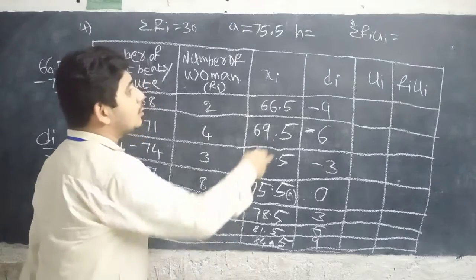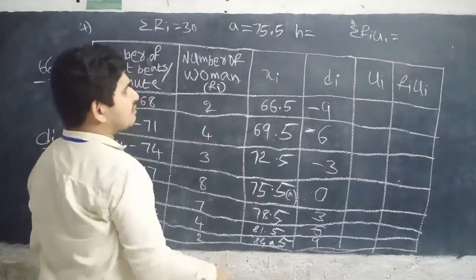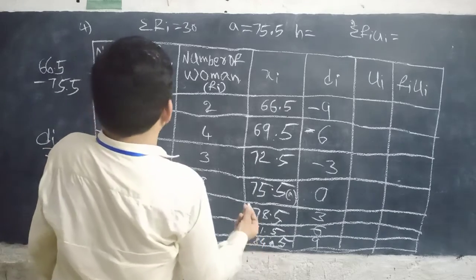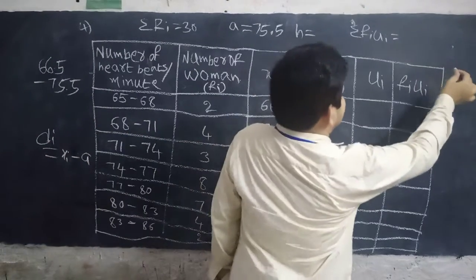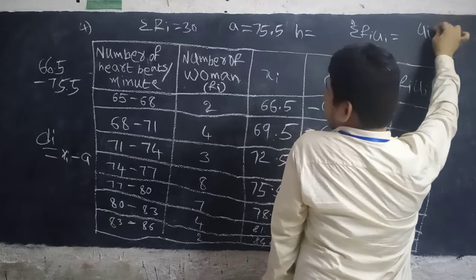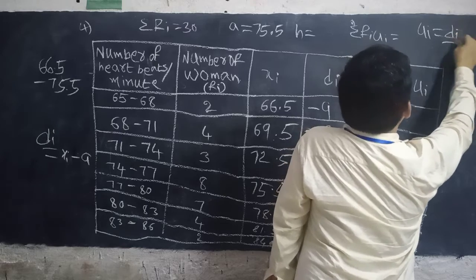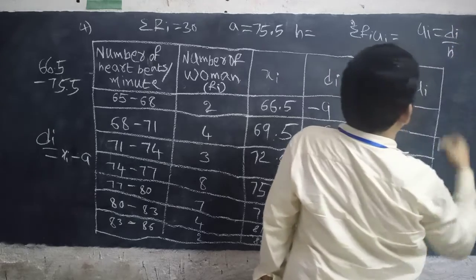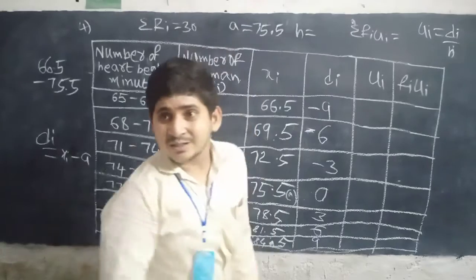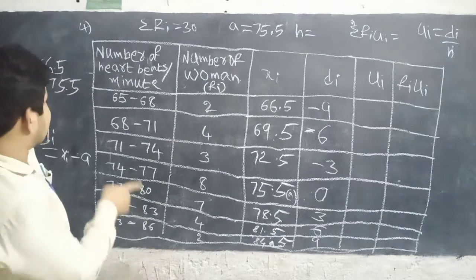Okay? Now, these are derivatives. ui equal to what? I told you. ui equal to di by h. h means the height of the car.